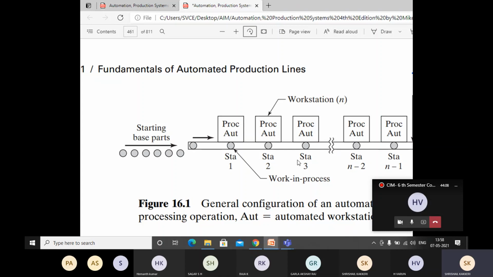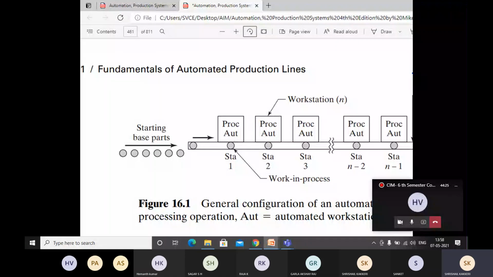As the principle says, two parallel operations can be done, and two simultaneous operations can be done on the processing automation workstations. This is the nature of the workstation.